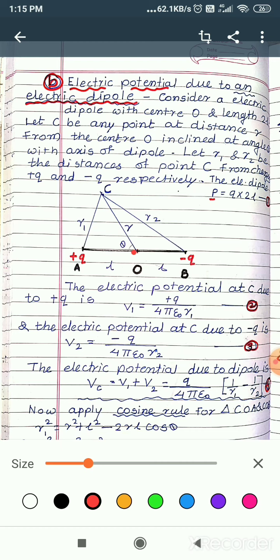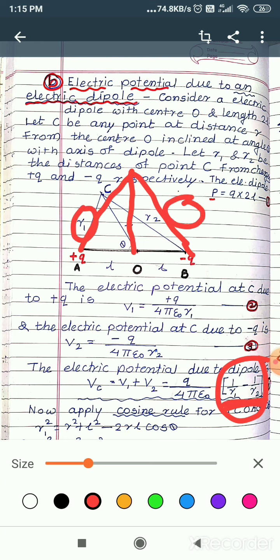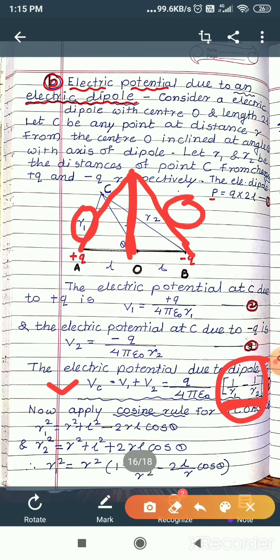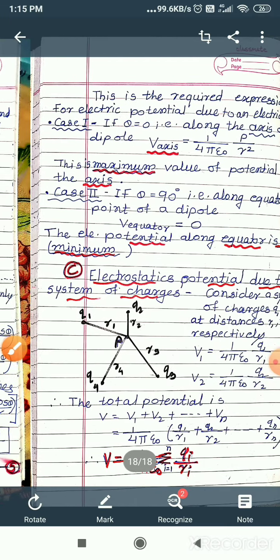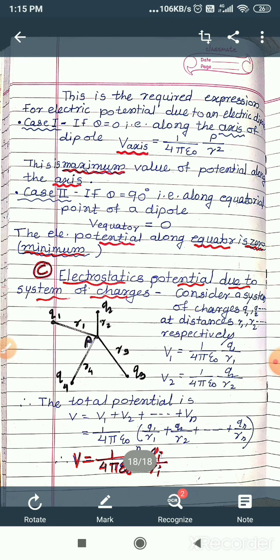It's 0 because along the equatorial point r1 and r2 become equal, and what is our relation? 1 upon r1 minus 1 upon r2 automatically becomes 0 because r1 and r2 are equidistant along the equator, and therefore we get the answer 0 along the equator, and it's our minimum answer. This is the expression for electric potential due to an electric dipole.